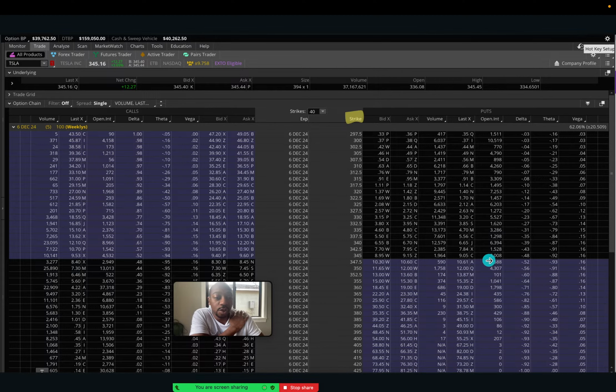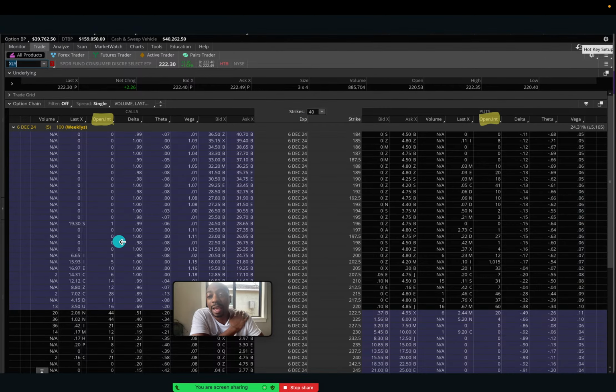So you can generally almost always find liquidity in Tesla. But if you're trading something like XLY, you might have to search at the right expiration date and see if there's any liquidity. And so just understanding XLY and how options work, I generally find that the third Friday of each month is generally where the most liquidity sits.